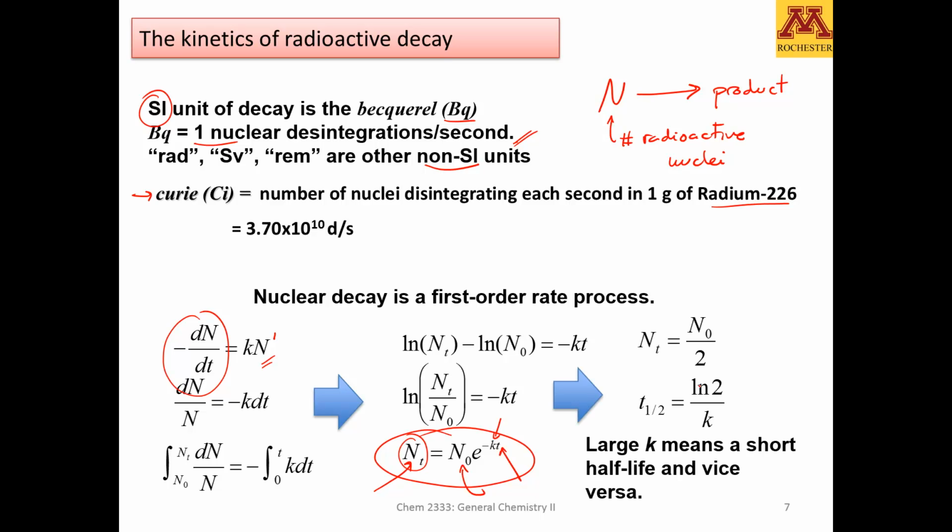We can also define the half-life, and in radioactivity it's very common to refer to the capacity of a nucleus to decompose using its half-life, because that's probably what concerns us the most: how long will that radioactive material be emitting radiation.